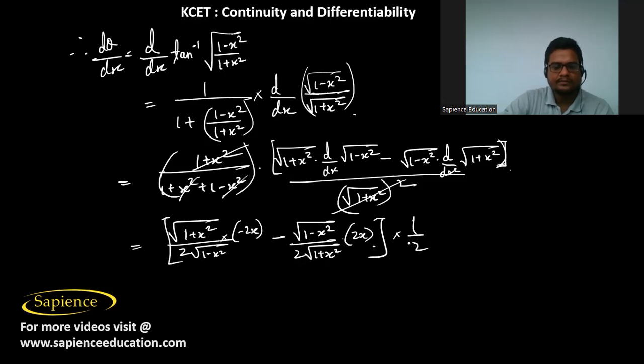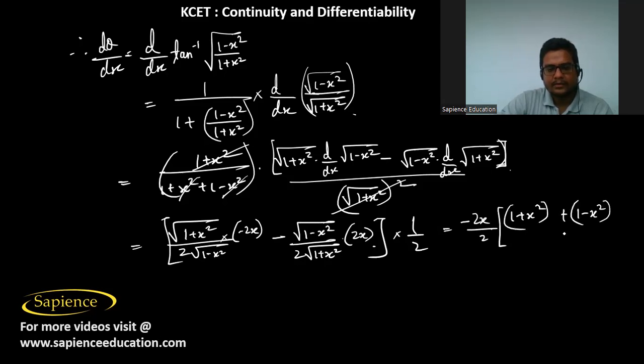Then this into 1 by 2, 1 by 2 is there here. So this will be equal to minus 2x, I can take as common, minus 2x by 2 into 1 plus x square plus 1 minus x square by root over 1 minus x square into root over 1 plus x square.